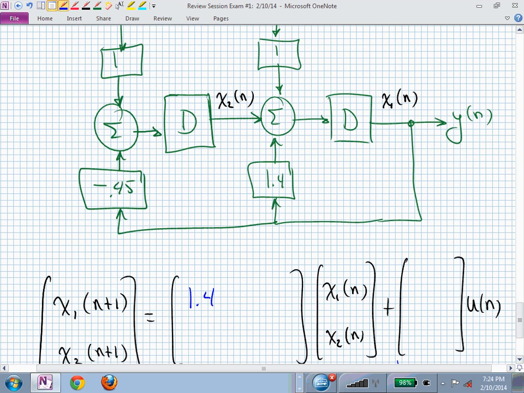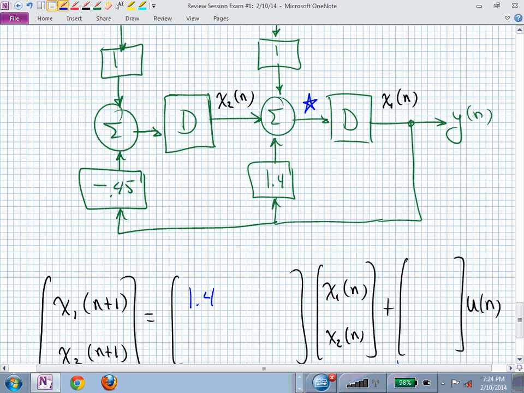That's making up that signal, isn't it? That star is x sub 1 of n plus 1. That's the output of that summing junction. We now need to build that by all the arrows coming into that summing junction. We've now accounted for the one coming up from below, 1.4 x1 of n.